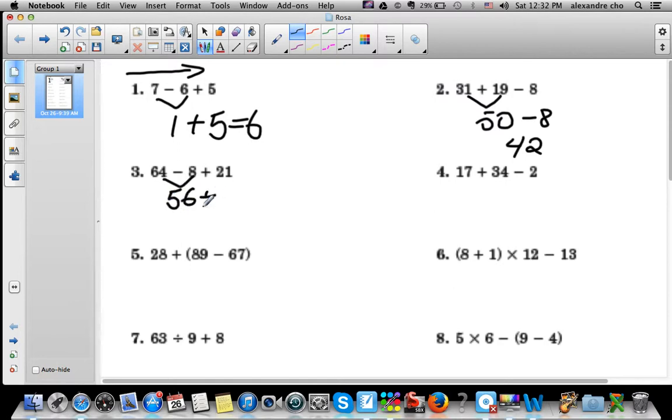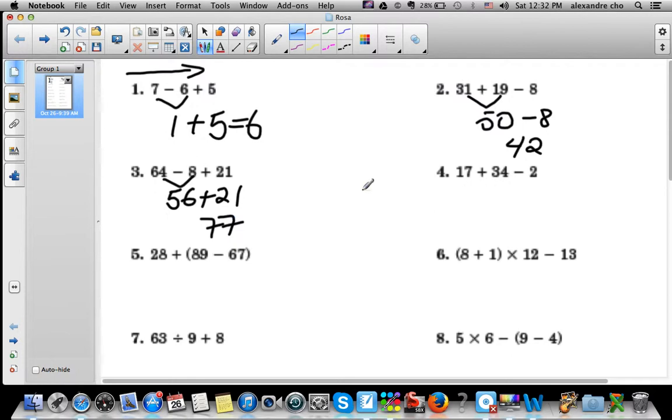And then we're going to add it to 21, which gives us 77. Sorry, I miscalculated for a moment. So, okay, that gives us 77.